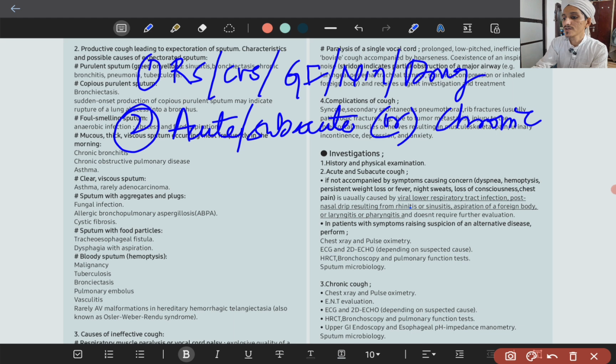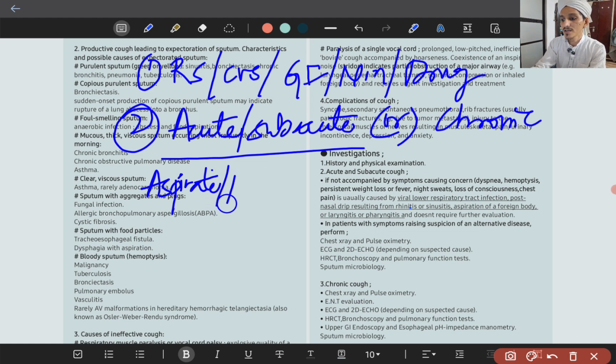In acute and subacute, we should always rule out aspiration before telling that it is a viral URTI. We should keep this in mind. We should rule out these concerning causes: aspiration and pneumonia, pulmonary edema, and pulmonary embolism.